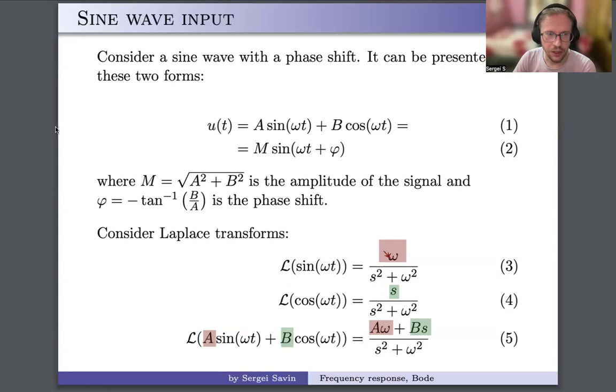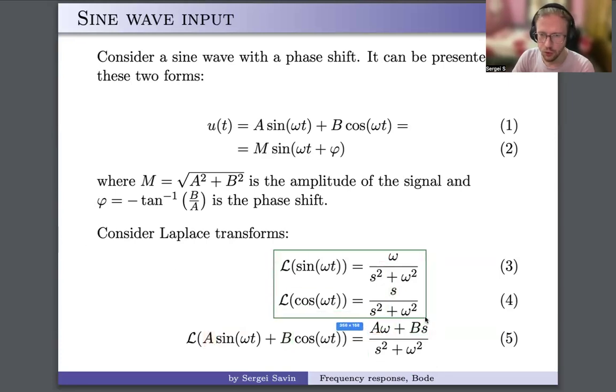This formula may look like it was produced by taking some very clever integration by parts and so on. Like, it sounds like it would be difficult calculus to produce this formula. But actually, this formula is just a linear combination of those two formulas. Those two formulas, how to produce them, that is a question that you have to take with the definition of the Laplace transform, right? But having those two formulas, this final one is just a linear combination.